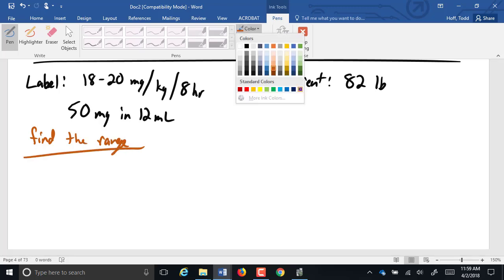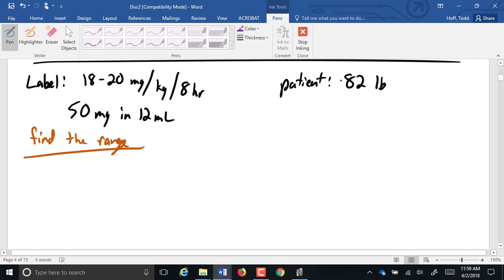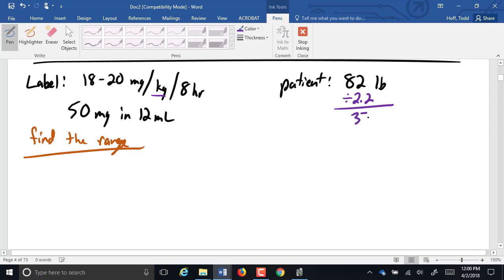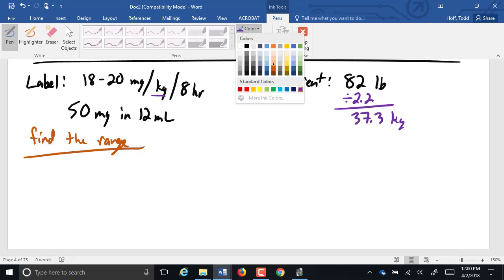Well, our patient, first of all, is 82 pounds. The label is in kilograms, so we have to convert. That quick conversion is just dividing the pounds by 2.2. So we have 37.3 kilograms.